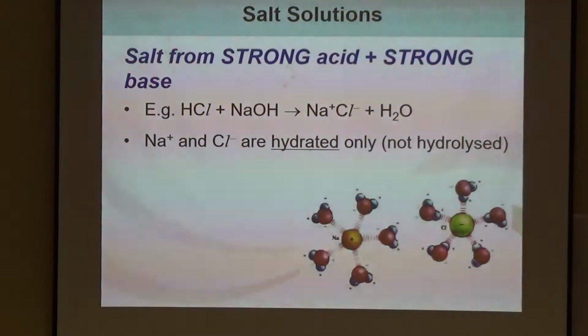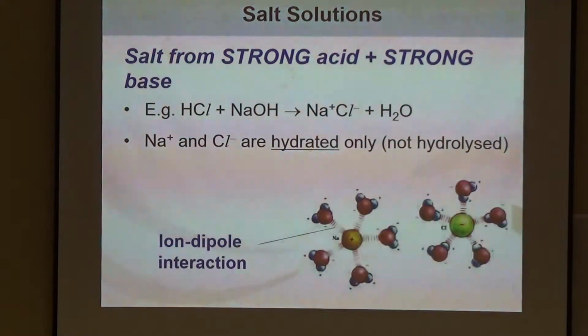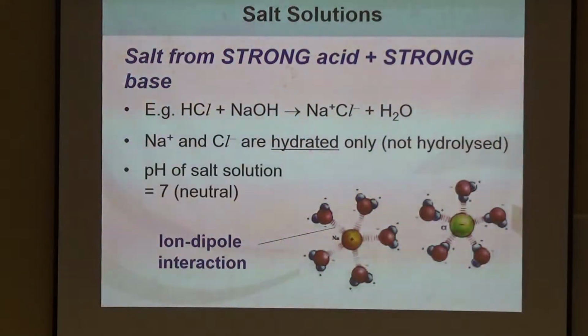Now, hydrated means the ion is surrounded by water molecules. I think in our notes it will come under chemical bonding and energetics, where we get these diagrams of ion-dipole interaction. Now, the pH of such a salt solution is 7, neutral.